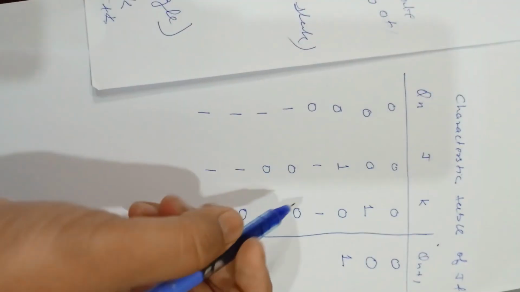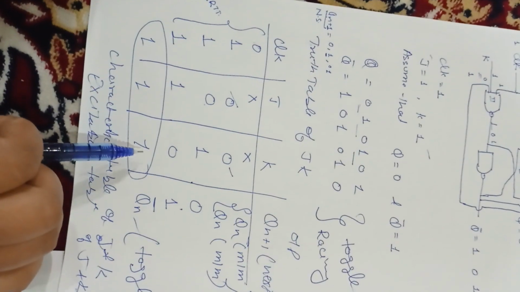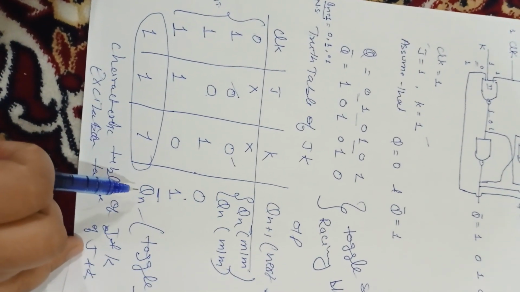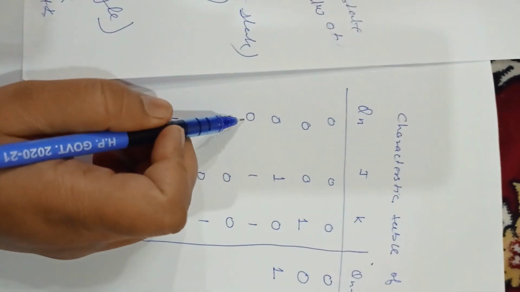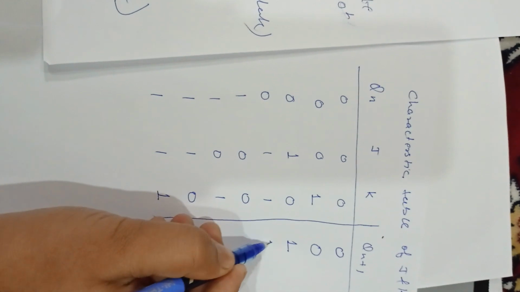The last case is J and K both 1 1, where Qn+1 is the complement of Qn. Here Qn is 0, so the complement of Qn is 1.